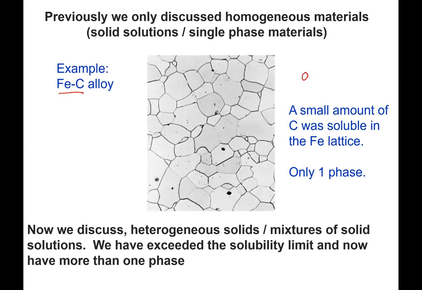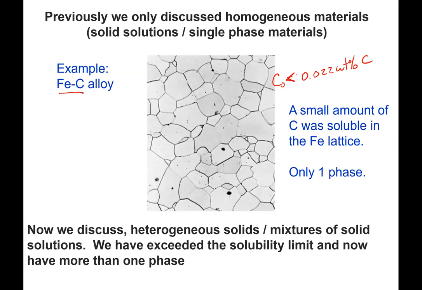So in this particular case, the carbon composition would be less than 0.022 weight percent. And we'll see that later as we look at some of the phase diagrams. But if I have a very small amount of carbon, then I have a single phase solid solution. And I have not exceeded the solubility limit, and so we don't precipitate out any sort of carbon phase.